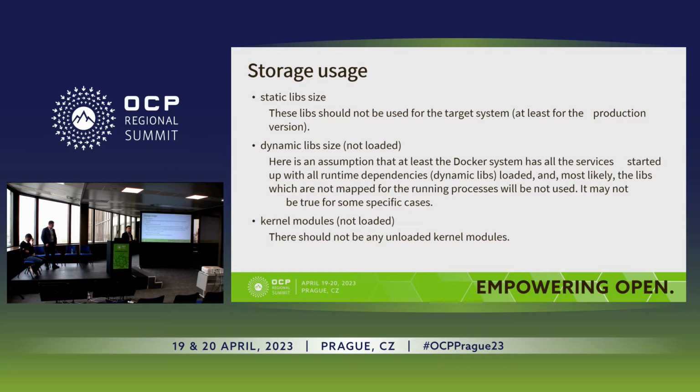This is the static libs, and for us, the thought process should be no static libs in production. You can use them for development, maybe with some small exceptions, but there should be no static libs in production. Dynamic libs, there should be no unloaded dynamic libs in your runtime. If you have an unloaded dynamic lib, most likely, in some cases it might be fine, but most likely you have some waste of space on the disk, and the same for unloaded kernel modules.